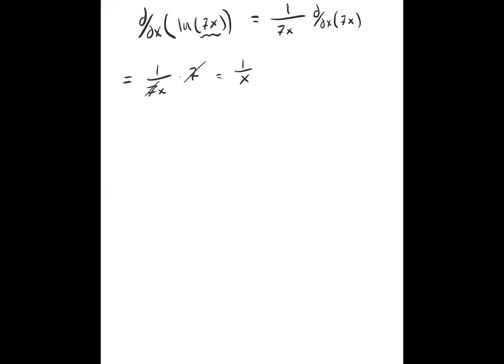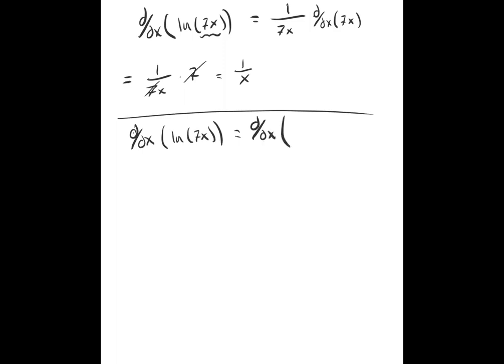Okay. Now, there's another way we can do this, though, because it's good to think about things in multiple ways. We can actually use the properties of logs to split this up as ln of 7 plus ln of x. Right? The log of a product is the sum of the logs.